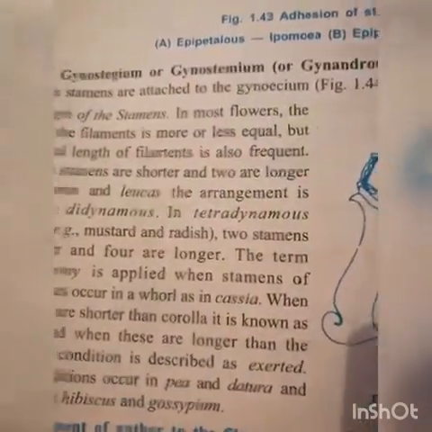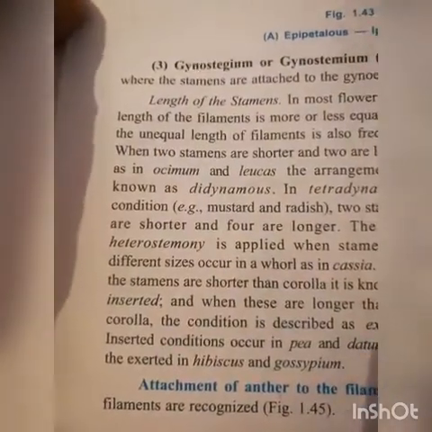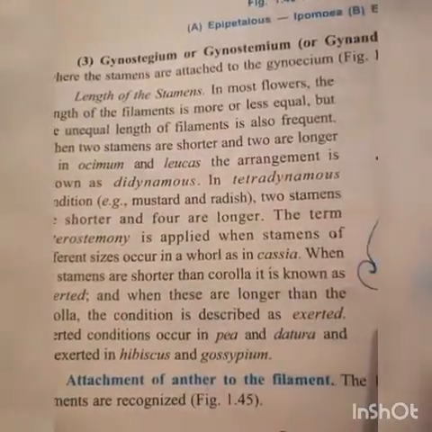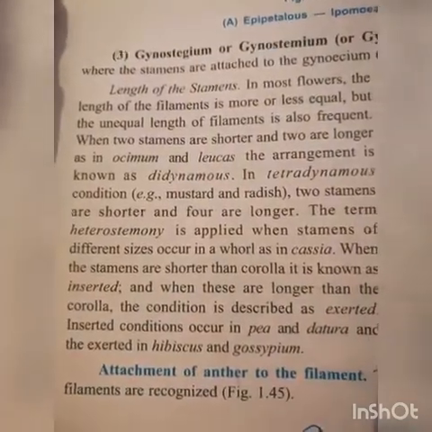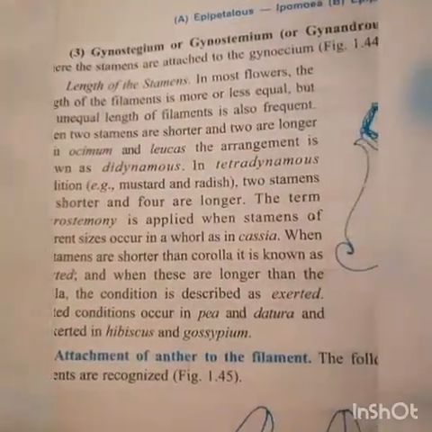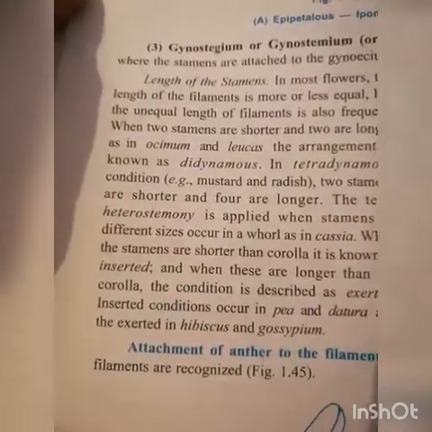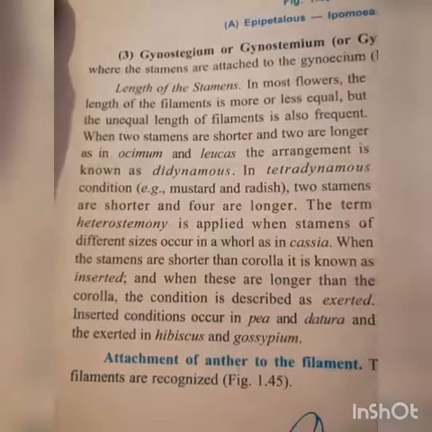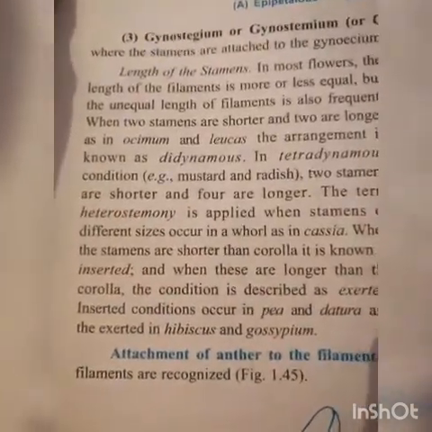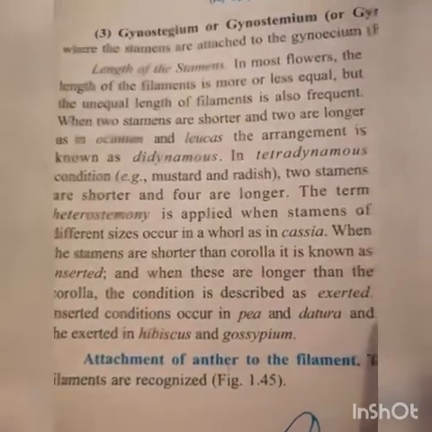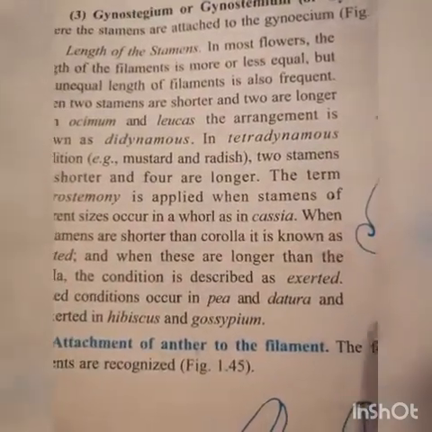In tetradynamous condition, mustard and radish, two stamens are shorter and four are longer. The term heterostemony is applied when the stamens are different sizes, occur in whorls as in case of Cassia.